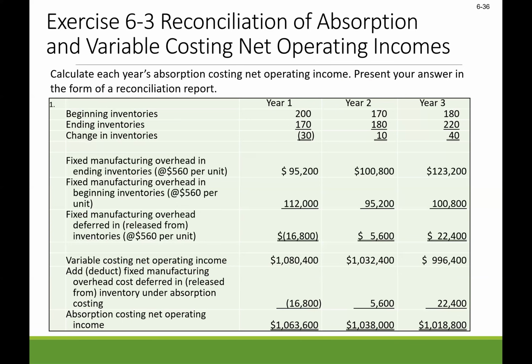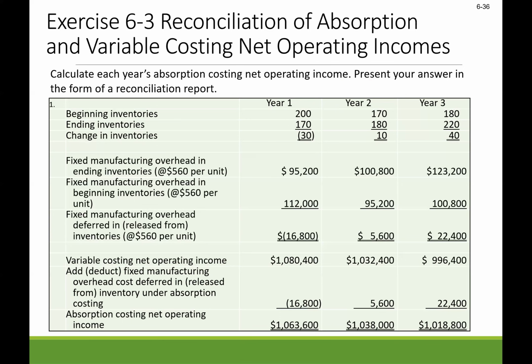So in the case of year 1, we know that we sold more than what we manufactured. Okay, so since we sold more than what we manufactured, our absorption costing is going to be a lower income.